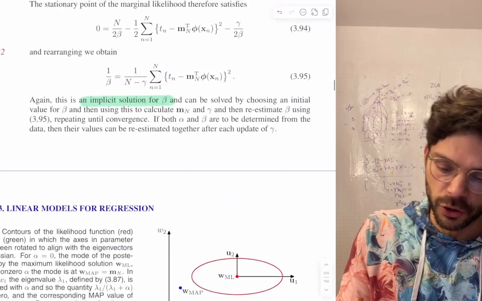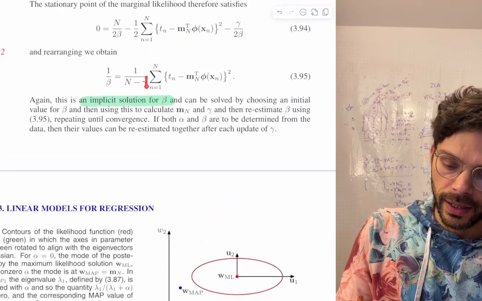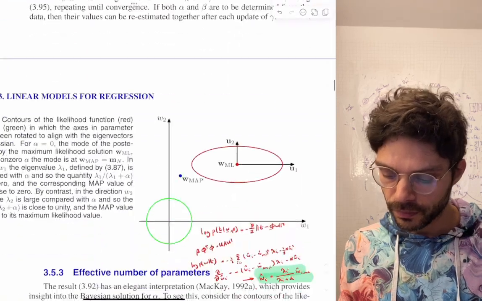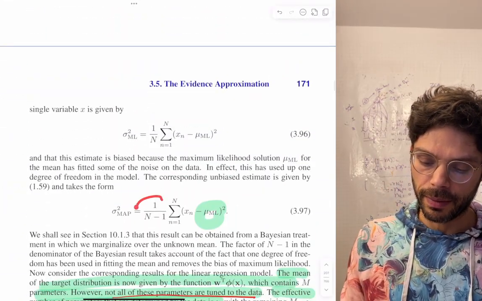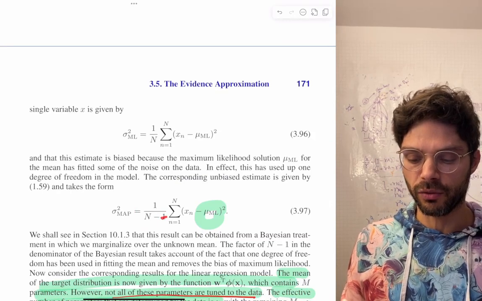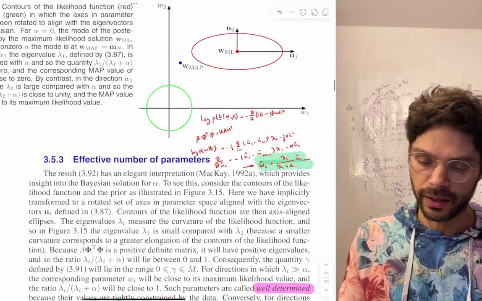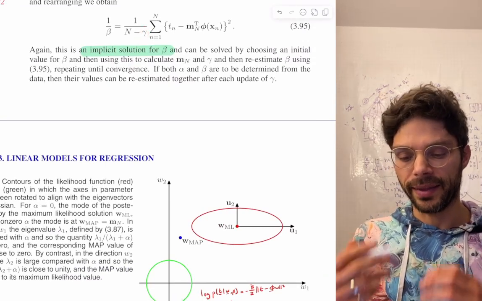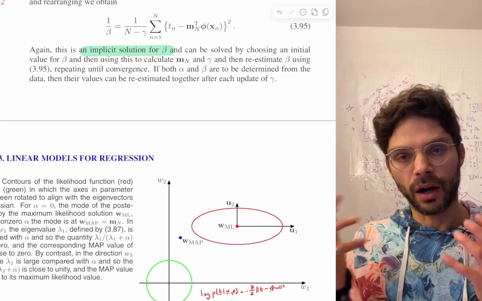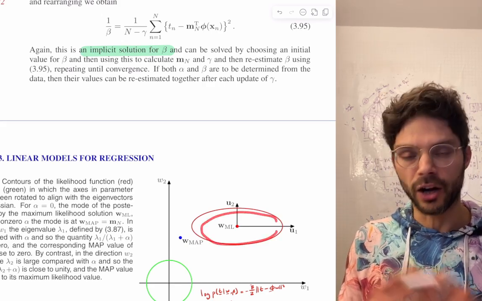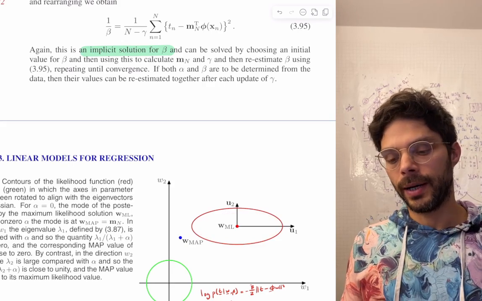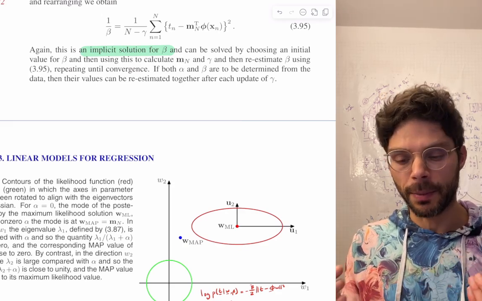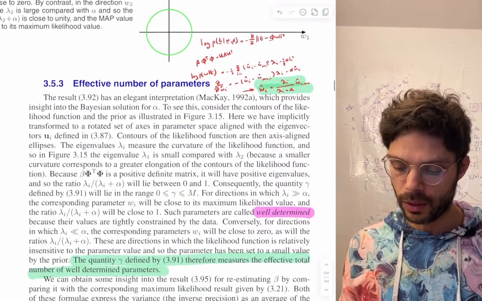We saw that it shows up at the bottom in exactly the same way as when we're doing MAP estimation of the variance, where there's a -1 term at the bottom. Here now we've got a minus gamma term at the bottom, corresponding to the effective number of parameters that we're learning. We saw, by looking at the contours of the maximum likelihood function, where that gamma parameter comes from, and how it tells you how many of your parameters are being constrained by data, which I thought was really cool.